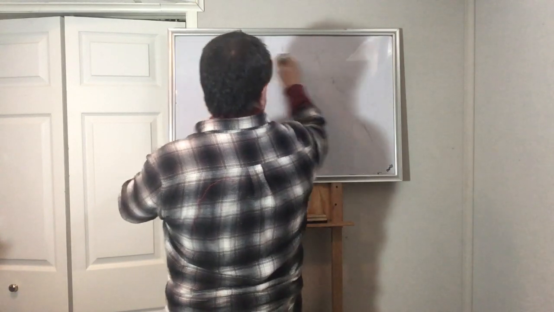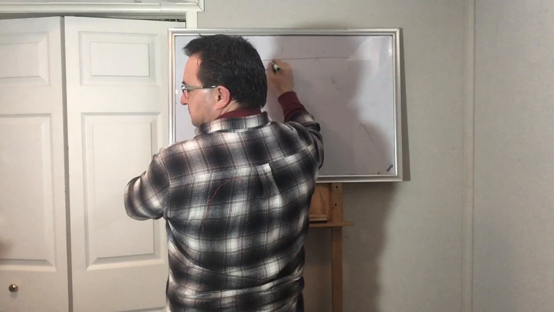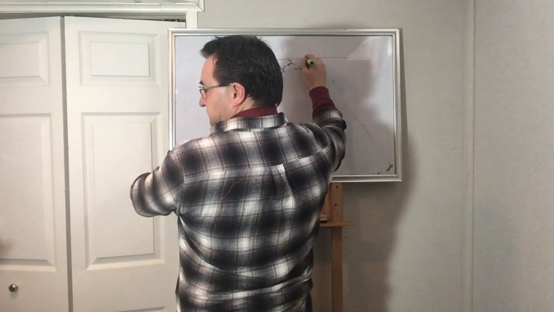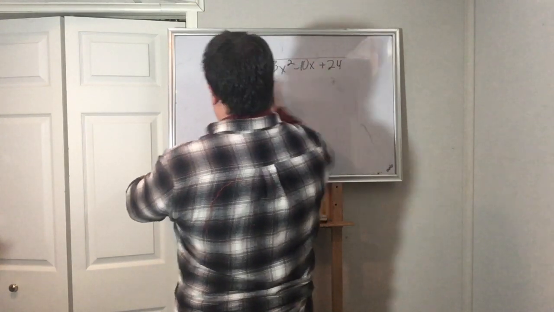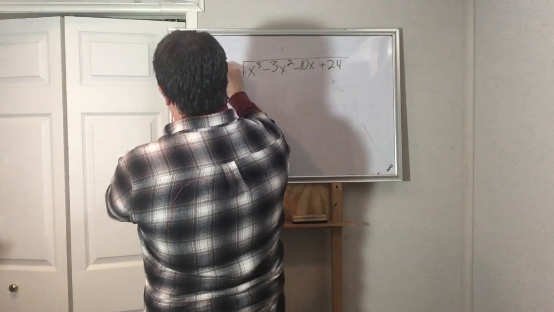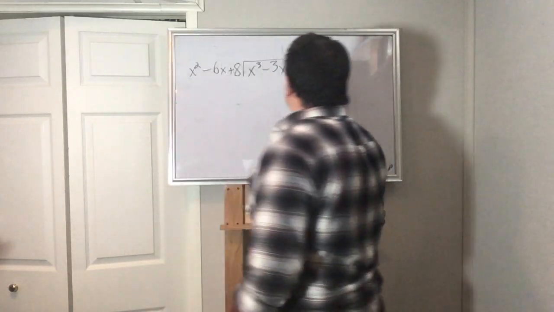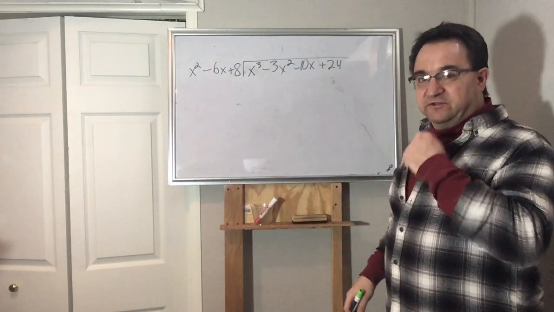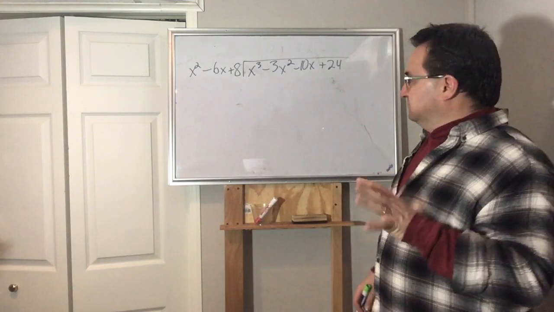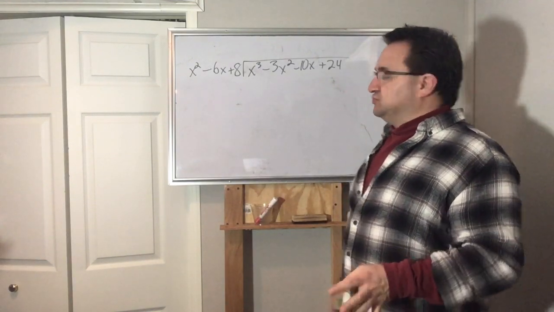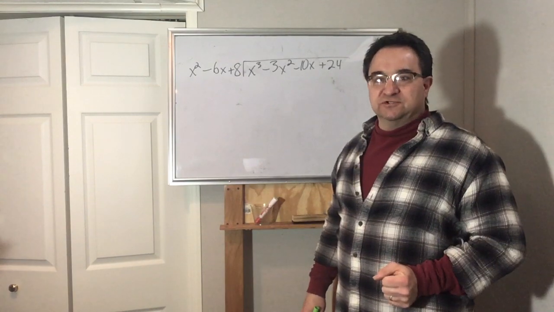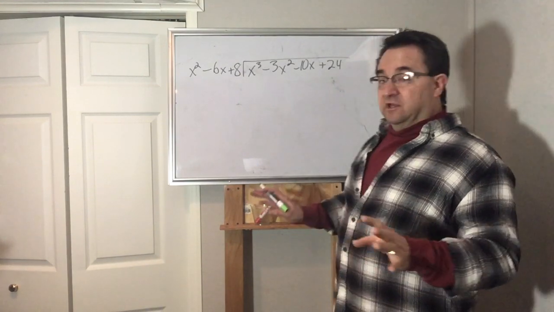I'm just going to write it in standard form here. Now that looks pretty intimidating. A lot of times people don't like this, but you're going to see it's just a small tweak on what we were just doing. So here we go.